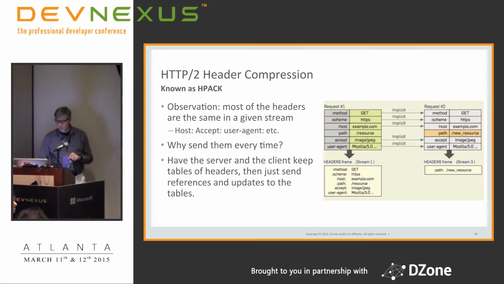So, again, this is introducing a state machine that now has to reside on the server and the client and be kept in sync. So they have these two tables, which are data structures, that reside on the client and on the server, and the specification defines how these header tables are to be updated. So instead of sending all of the headers, it basically sends deltas saying, change this one, but all the rest stay the same. I have some examples to explain what that means a little more.